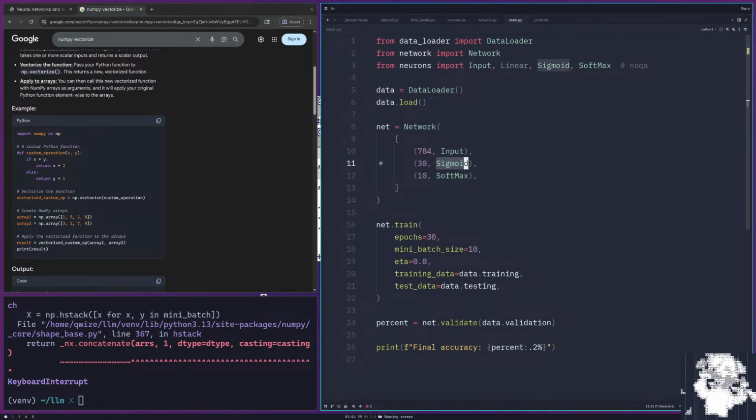And can we try having an inner ReLU layer instead of an inner sigmoid layer?